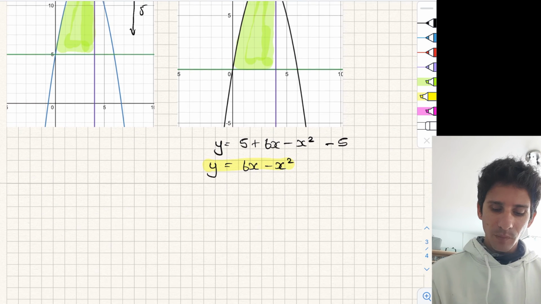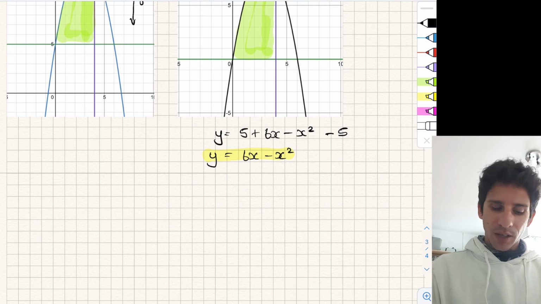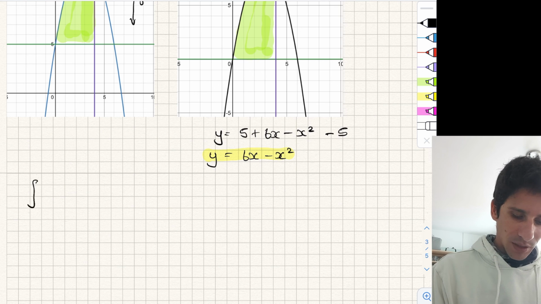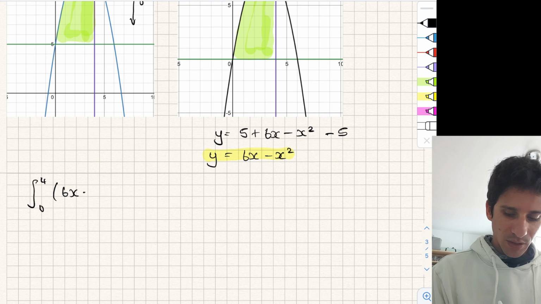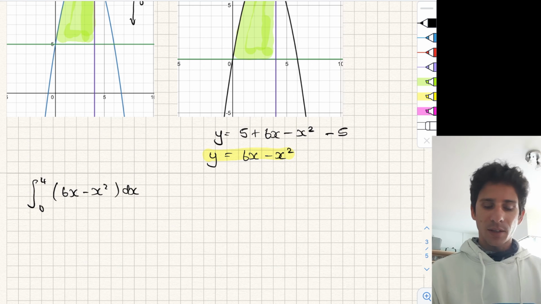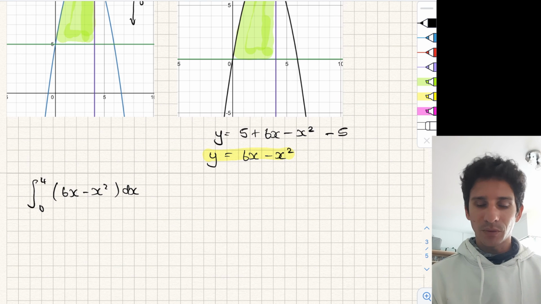And so unsurprisingly, this will now just be the integral between 0 and 4 of 6x minus x squared with respect to x, which is identical to what we did before.